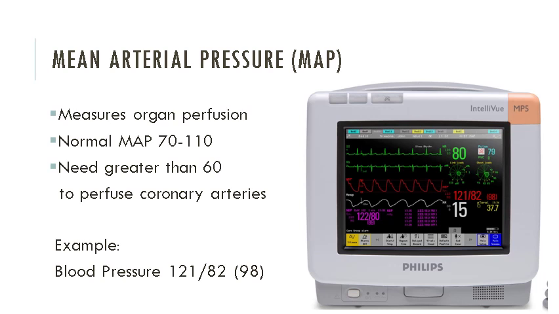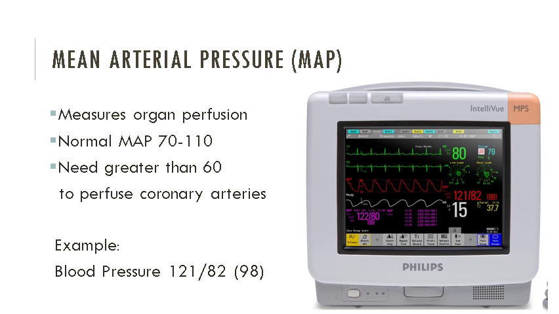MAP is created by a calculation off of blood pressure. In order to have a MAP where we know that the coronary arteries are actually getting perfused, that number needs to be greater than 60. So nurses that are working, especially in the ICU setting, pay a lot more attention to the MAP than they do the blood pressure, because it will tell them if the coronary arteries are being perfused.